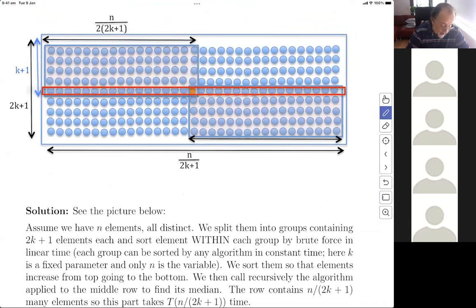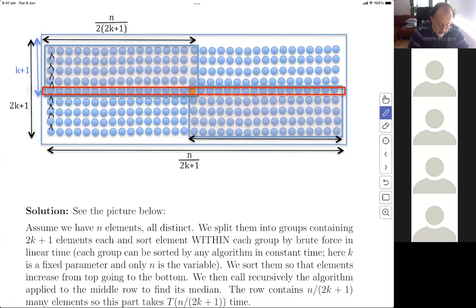Every column can be sorted because it has only a fixed number, 2k plus 1 many elements, and k is a fixed parameter of the algorithm. So you can sort every column in, say, increasing way going towards the bottom, right? So you can assume that all of the columns are sorted like this.